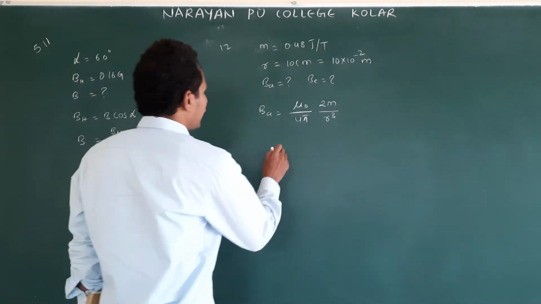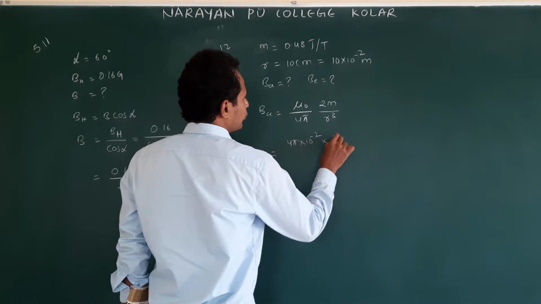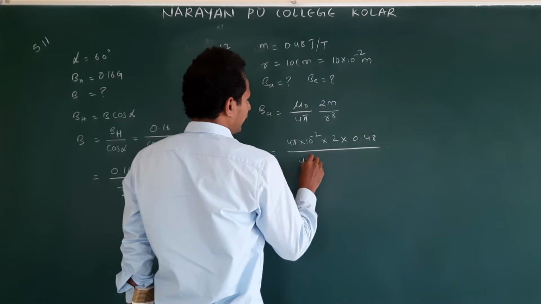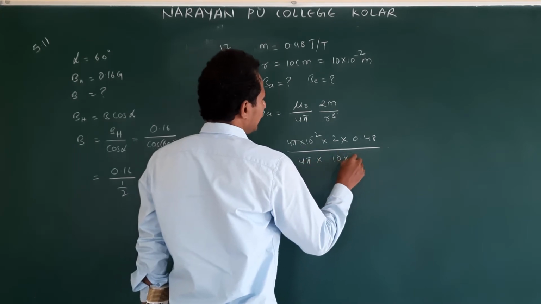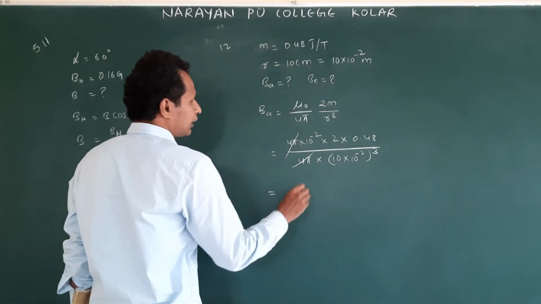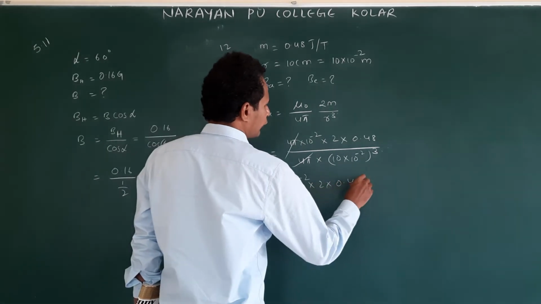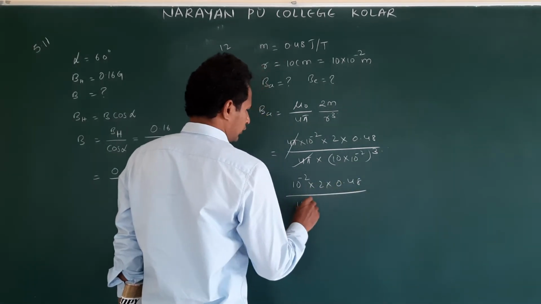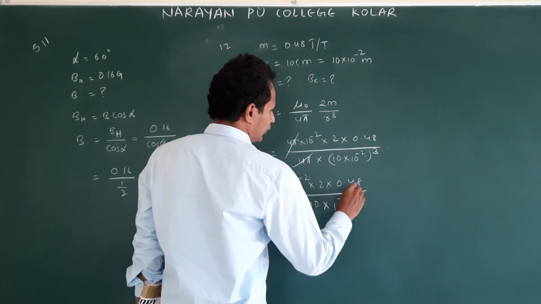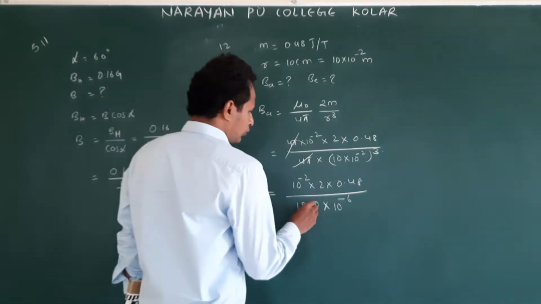Okay, substitute the values. 4 pi into 10 power minus 7 into 2 into 0.48 by 4 pi into, 10 into 10 power minus 2 whole cube. 4 pi by 4 pi cancel. 10 power minus 2 into 2 into 0.48 by 1000 into 10 power minus 6. Okay, 1, 2, 3.